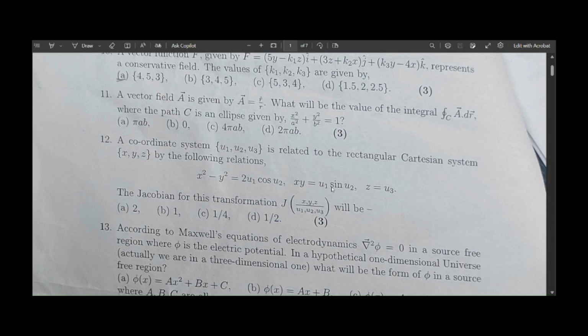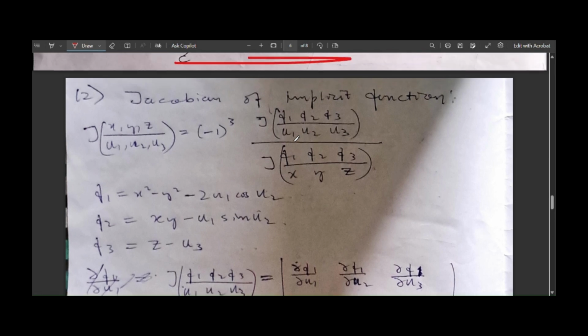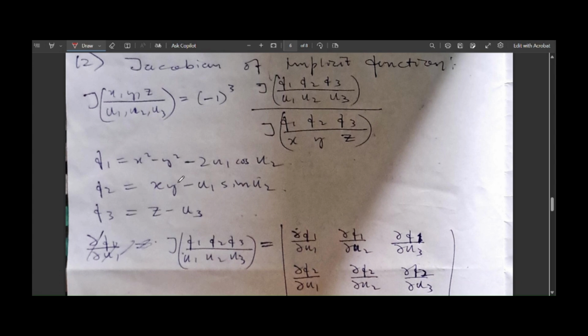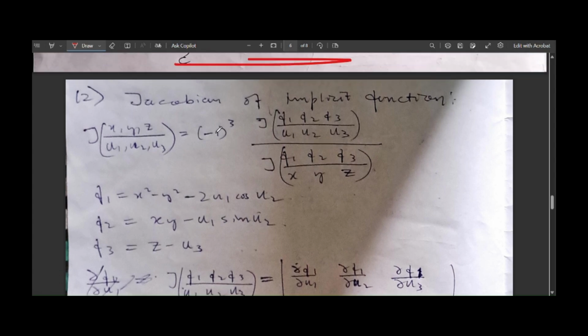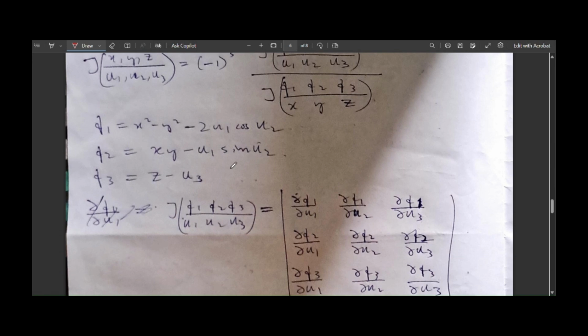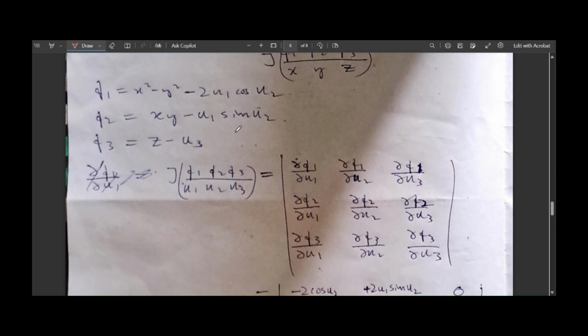This represents an implicit relation between all these. So the Jacobian for implicit function J of xyz with respect to u1 u2 u3 is equal to minus 1 to the power 3, because there are 3 coordinates, times J of f1 f2 f3 with respect to u1 u2 u3 divided by J of f1 f2 f3 with respect to xyz. f1 f2 f3 are like this. We just put the whole right hand term to the left and equate to 0, that is f1, and like this f2 and f3.